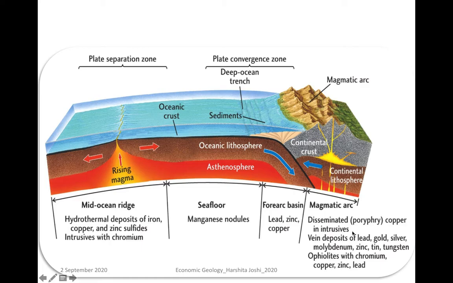So it may have porphyry deposits, gold, silver, copper, lead, and other metals. So the presence of this geochemical anomaly, that is the ore, is always related to plates, their separation, their convergence.